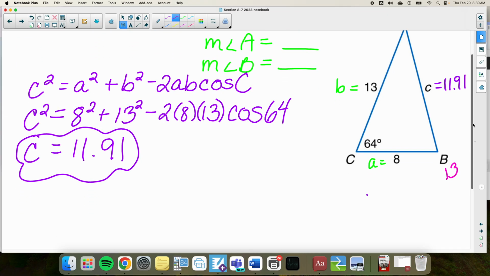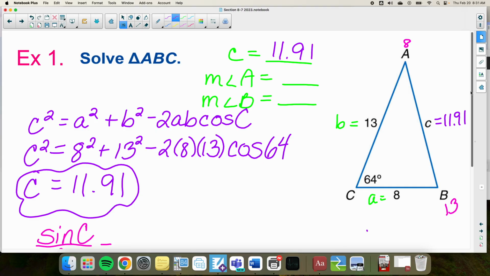So here's what we're going to do. We're going to do law of sines that we learned yesterday. And we have to do C and little c because we know both of them. So it's going to be sine of C over little c. And then we just talked about the fact that A is going to be the smaller one because it's across from the 8.